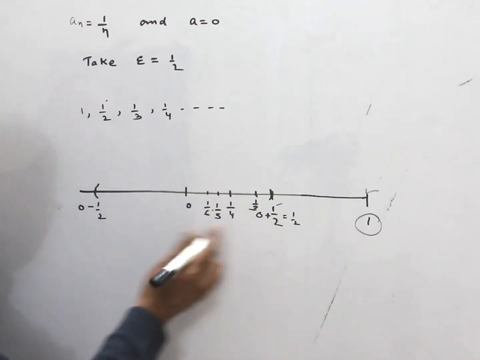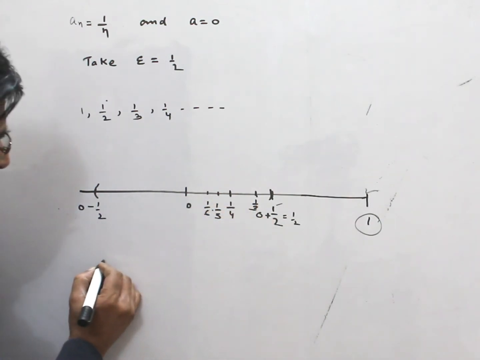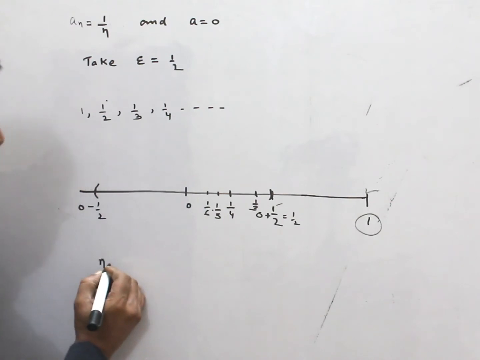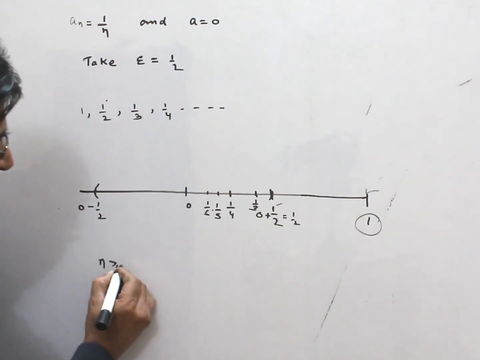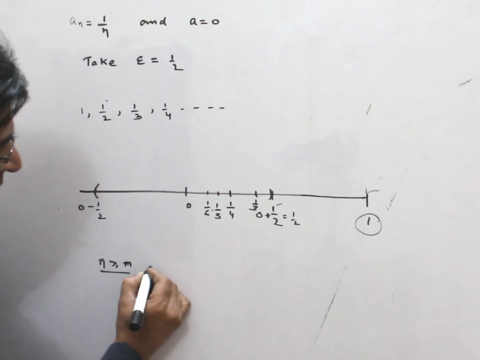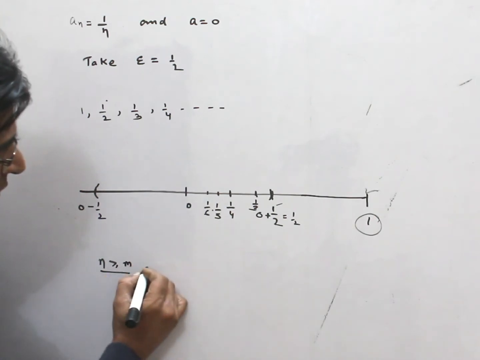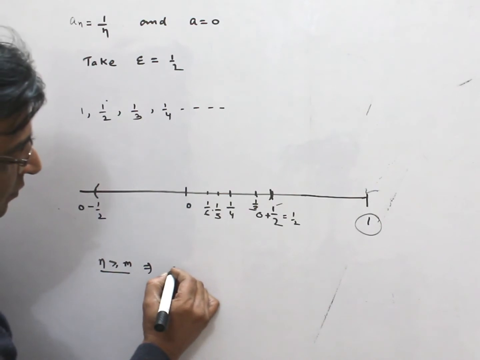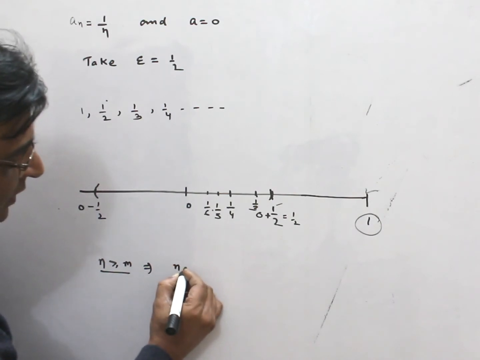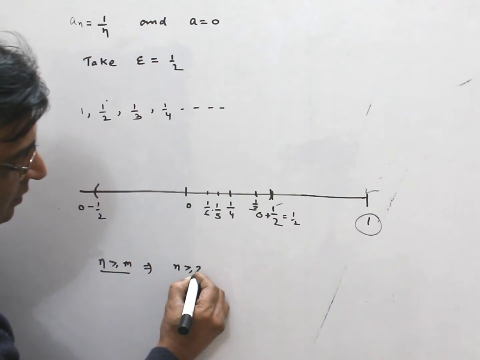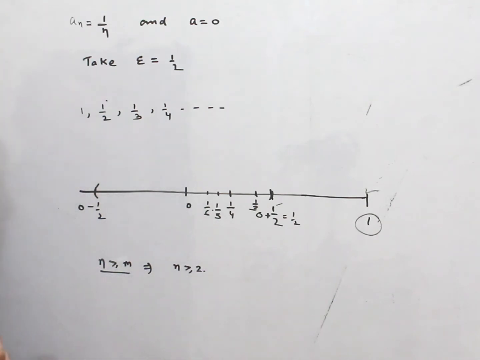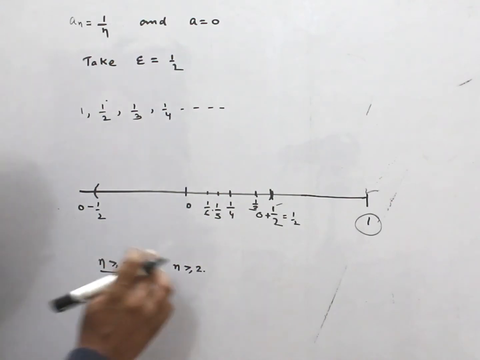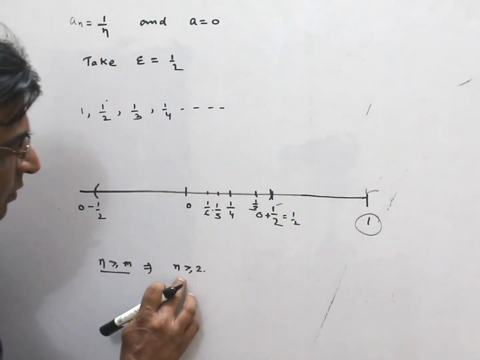So n greater than N means n is greater than or equal to 2, not even 2.